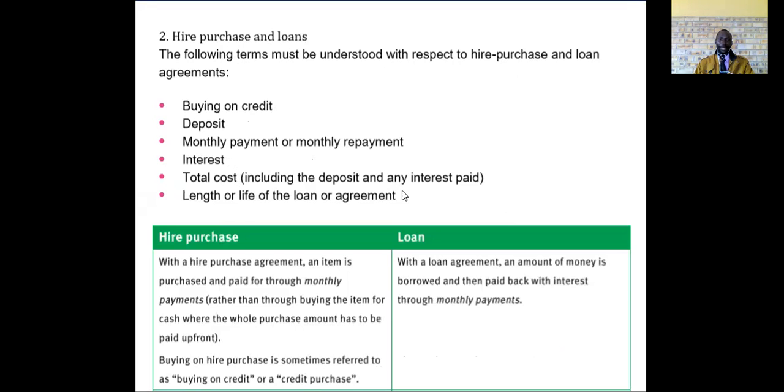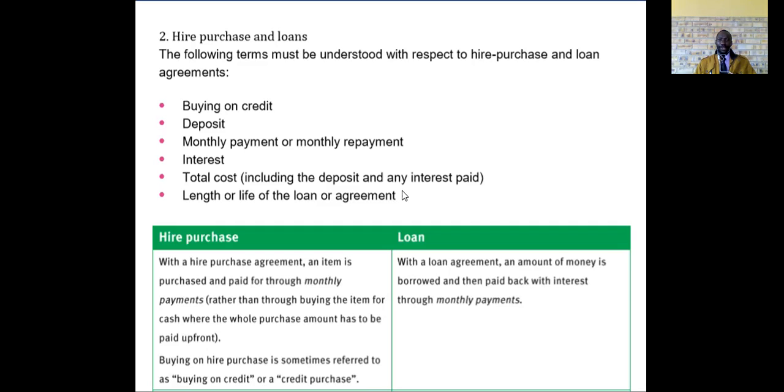So starting with the last one, the length or life of a loan is the period of time over which that loan is supposed to be serviced. The loan is supposed to be paid. So if you get some amount of money as a loan and it's supposed to be paid over a period of 1 year, the life of the loan is 1 year.